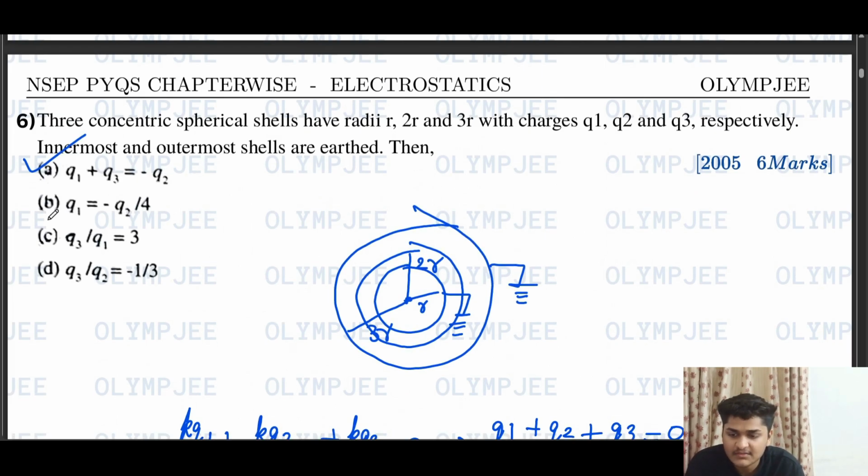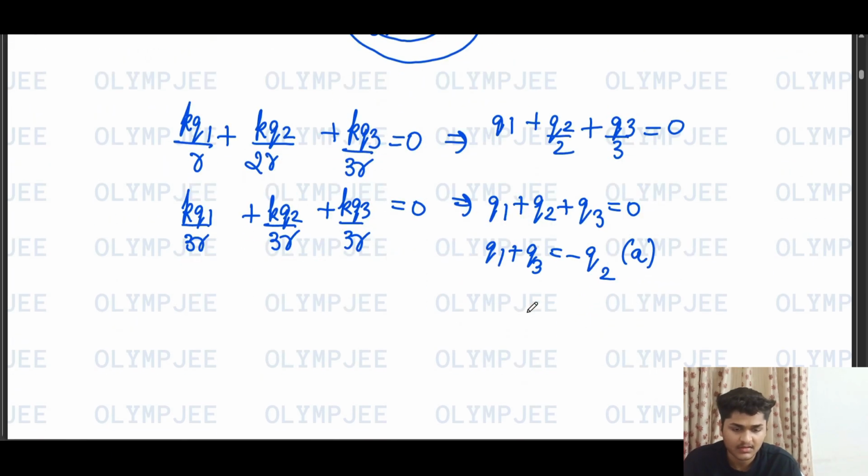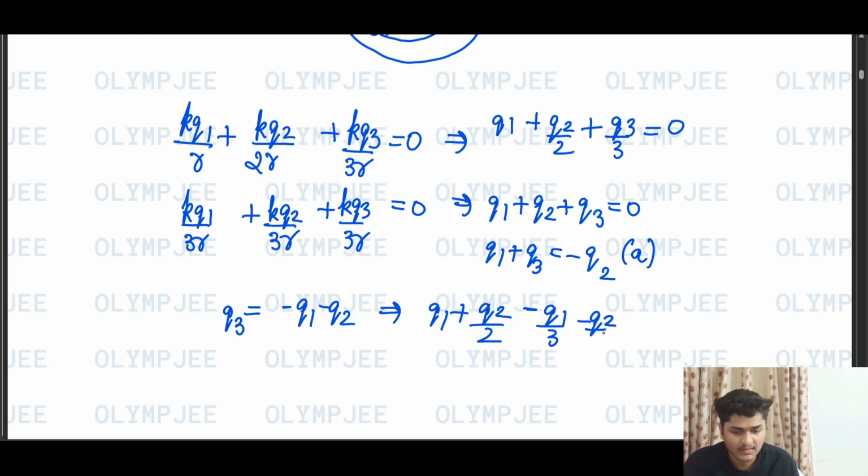Then we need to find the relation between q1 and q2. So I will find q3 in terms of q1 and q2, so q3 will be equal to minus q1 minus q2, and I will put this in the other equation. So we will get q1 plus q2 by 2 minus q1 by 3 minus q2 by 3 is 0.